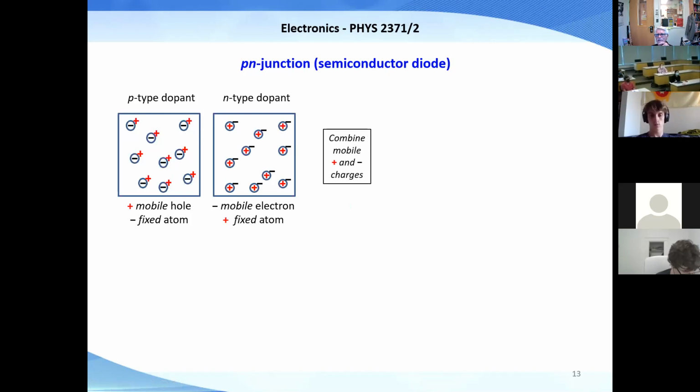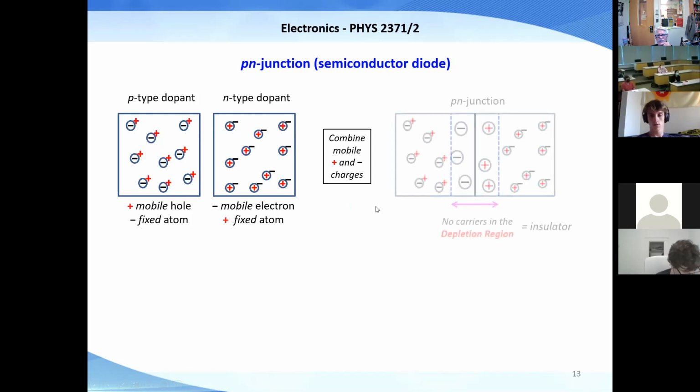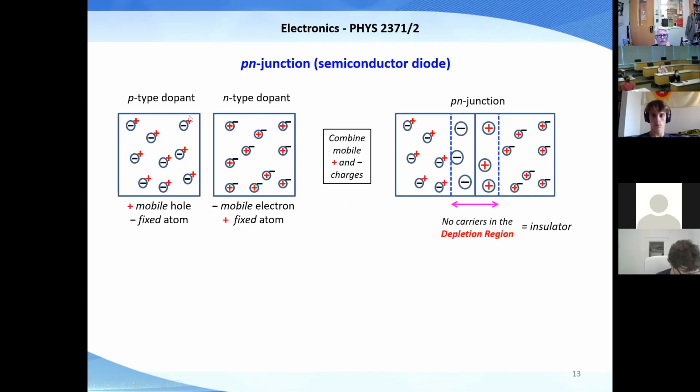Essentially the electron is going to fall into the hole. Okay, and that's exactly what happens. So here, this electron will fall into this hole, leaving behind a positive ion and a negative ion. But you've gotten rid of the mobile carriers. Okay, and that happens all at the interface.